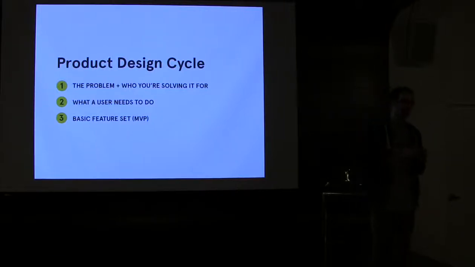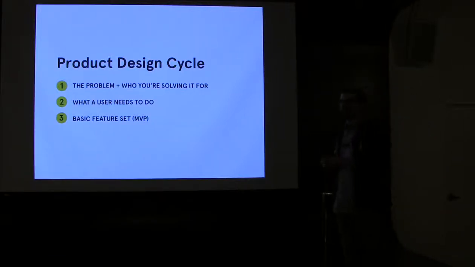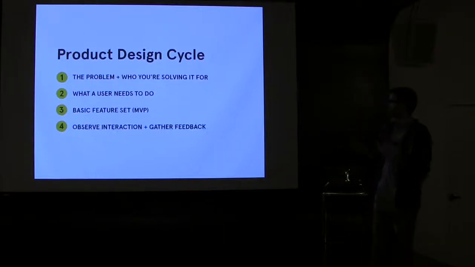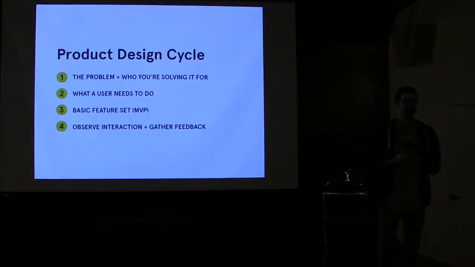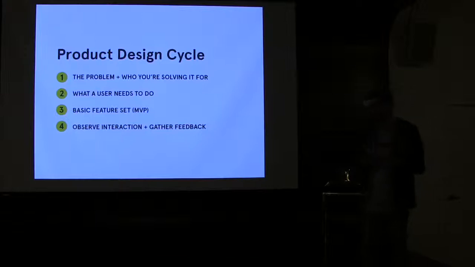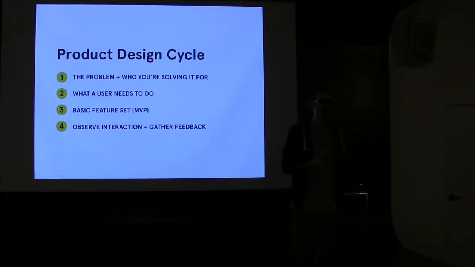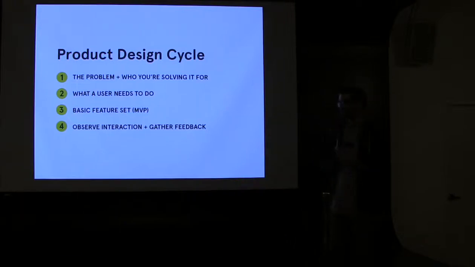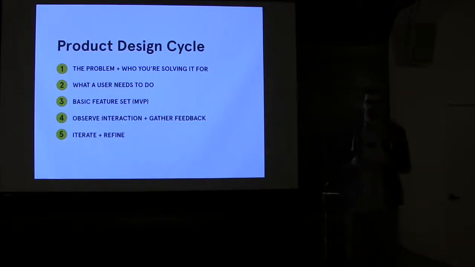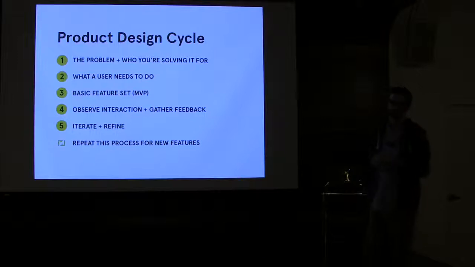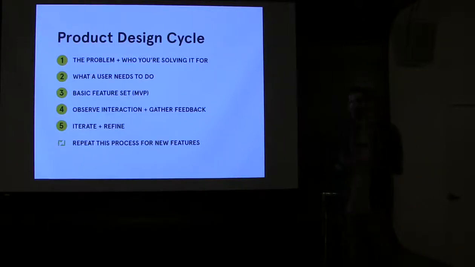You want to scope it small so you understand where you want to start, and so you can then release that and observe how users are interacting with that MVP, things that you want to do differently, how you can improve it, and there's this whole feedback loop that happens there. You iterate and you refine, and then as you add new features, you repeat this process. So this is something probably all of you are familiar with.